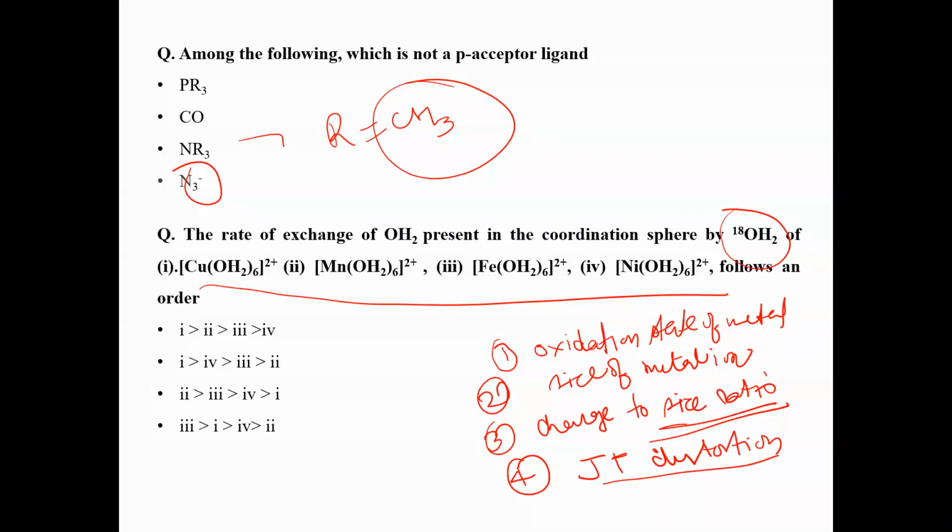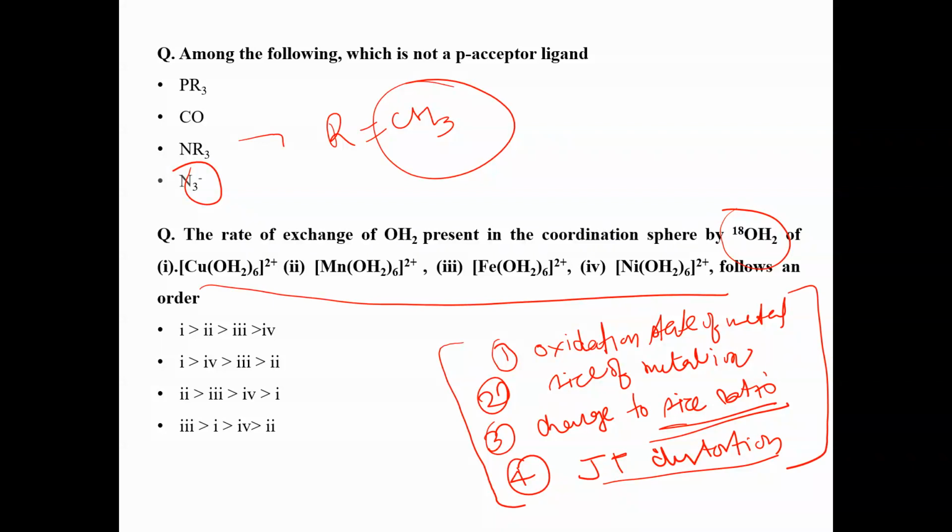Because if there is Jahn-Teller distortion, the bond will be elongated, so the rate of exchange will be faster. You have to keep these four points in mind while identifying the rate of exchange of water.